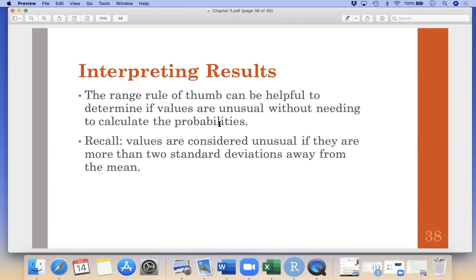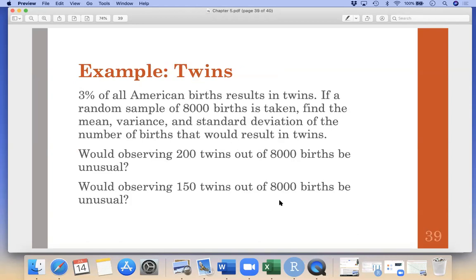So if you know those two boundaries, you can tell whether it is usual or unusual without calculating the exact probability value. Recall, values are considered unusual if they are more than 2 standard deviations away from the mean. That's why the minimum and maximum boundaries depend on mu and 2 times sigma.